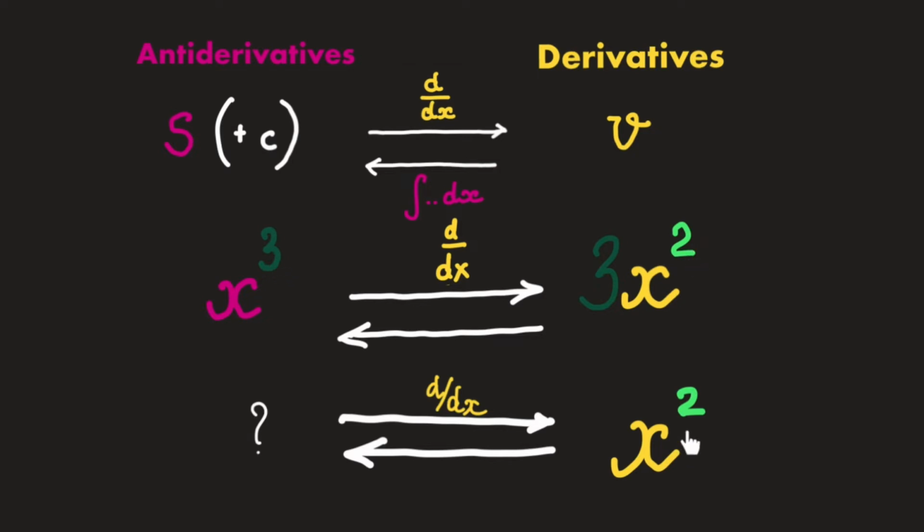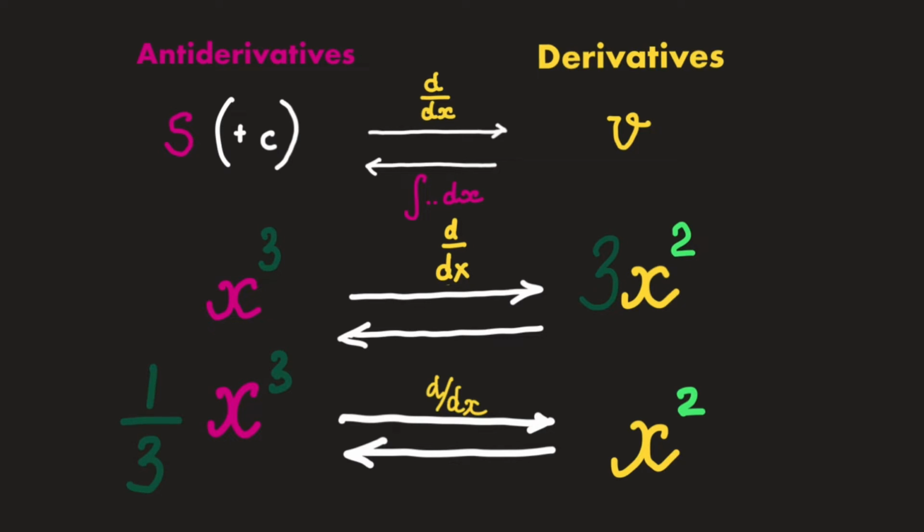So if the derivative of whatever function this is has exponent 2, then this function must have exponent 3, so this must be x cubed. But that's obviously not right, because as you see, the derivative of x cubed is 3x squared. It's not x squared. So how can we modify x cubed so that its derivative is x squared instead of 3x squared?